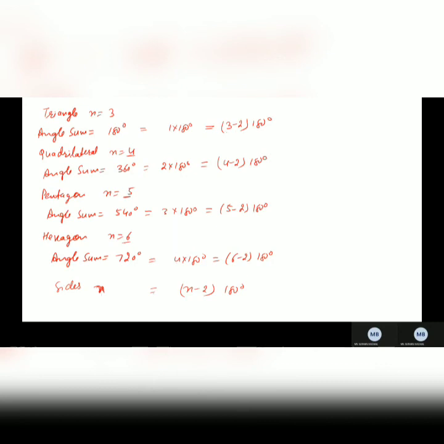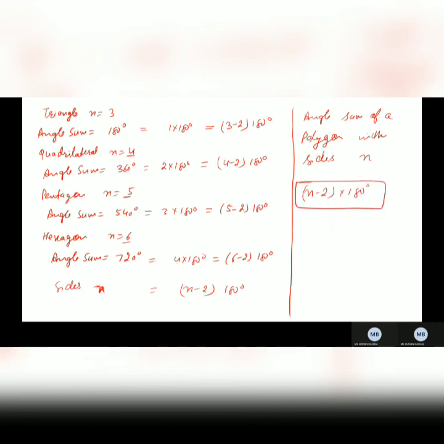So if sides are n, then it is (n minus 2) into 180. So hence we derived a formula for the angle sum of a polygon with n sides. It is (n minus 2) into 180.